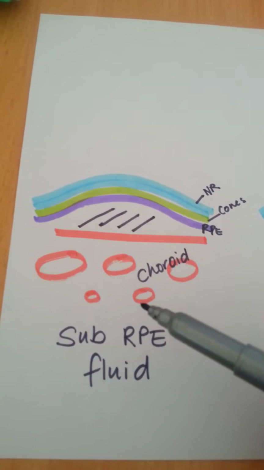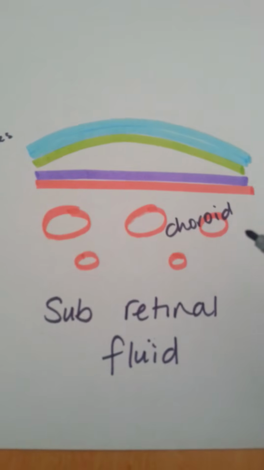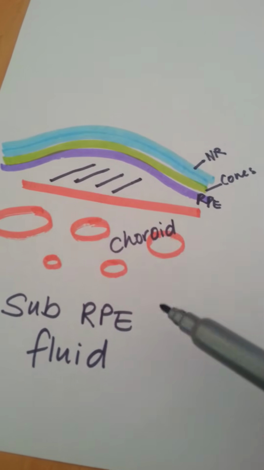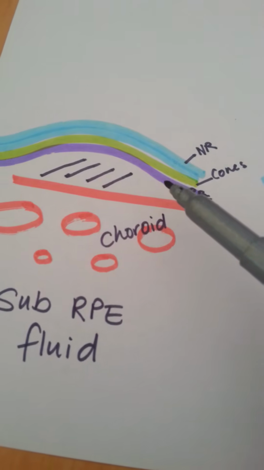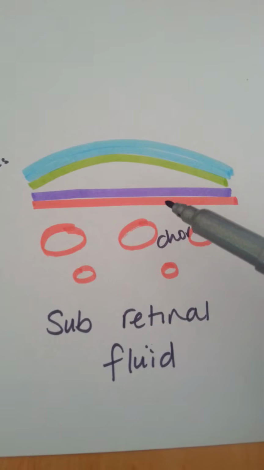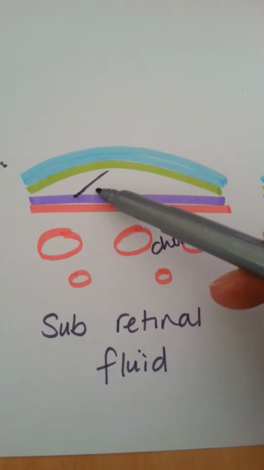Now I've got another image next to that, and this illustrates the buildup of subretinal fluid. So before we said that sub-RPE fluid is between Bruch's membrane of the choroid and under the retinal pigment epithelium. Now what we have is subretinal fluid, which is a buildup of fluid in this zone here.